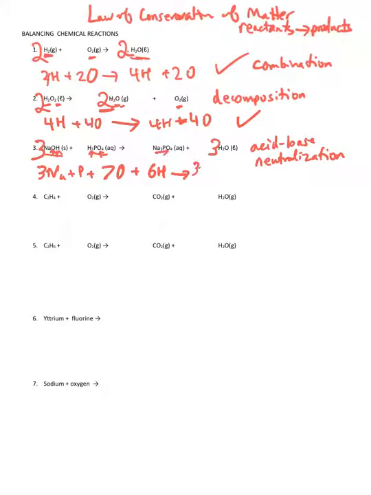We've got 3 sodiums, that's good. A phosphorus, that's good. And now I got 4 oxygens from the sodium phosphate, 3 from the water. That gives me 7 oxygens. That's good. And then in the water, I got 3 times 2 or 6 hydrogens. And so 3 sodiums, a phosphorus, 7 oxygens, and 6 hydrogens. Voila. That guy's balanced.